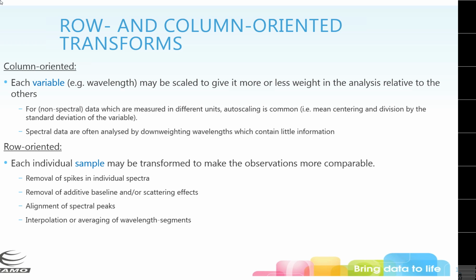So this is where each individual sample is transformed on its own. So this might be an alignment of a spectral peak. This may be removal of your additive and baseline or scattering effects, interpolations across your wavelength, so doing a derivative, that's going to be row-oriented. And it's very important to know which types of transforms are used in which way so that you can apply them appropriately.